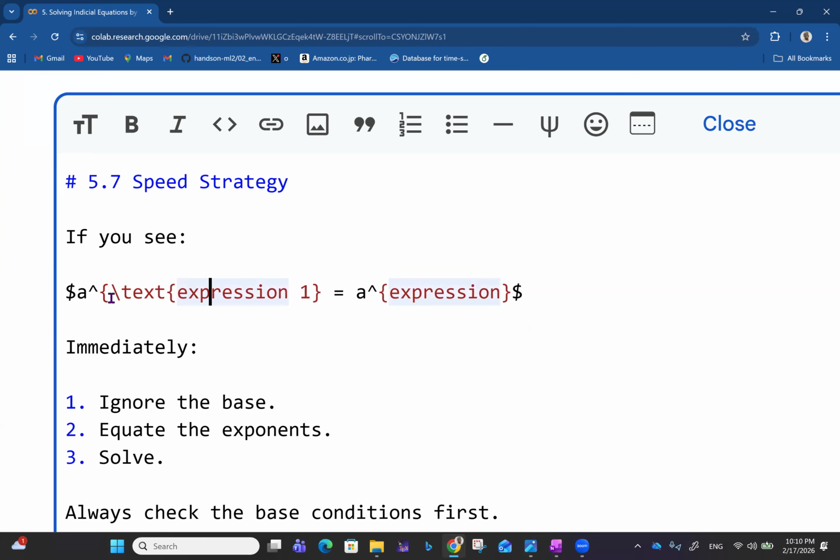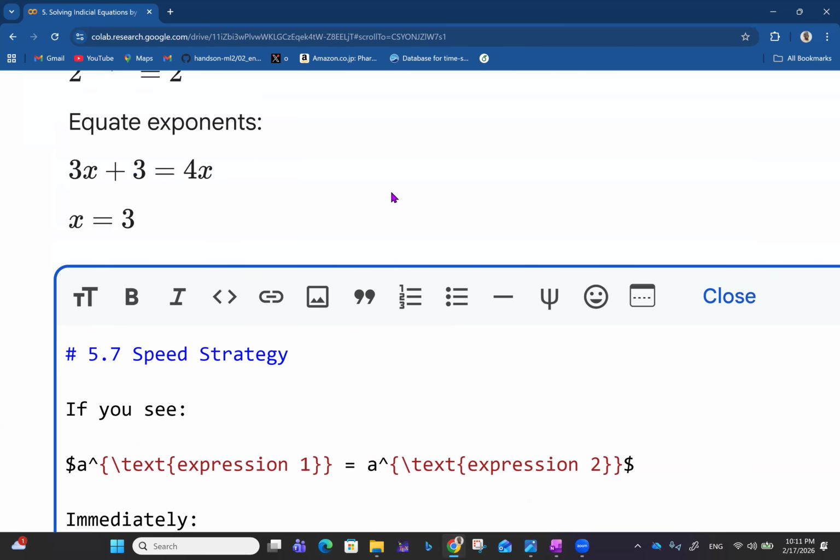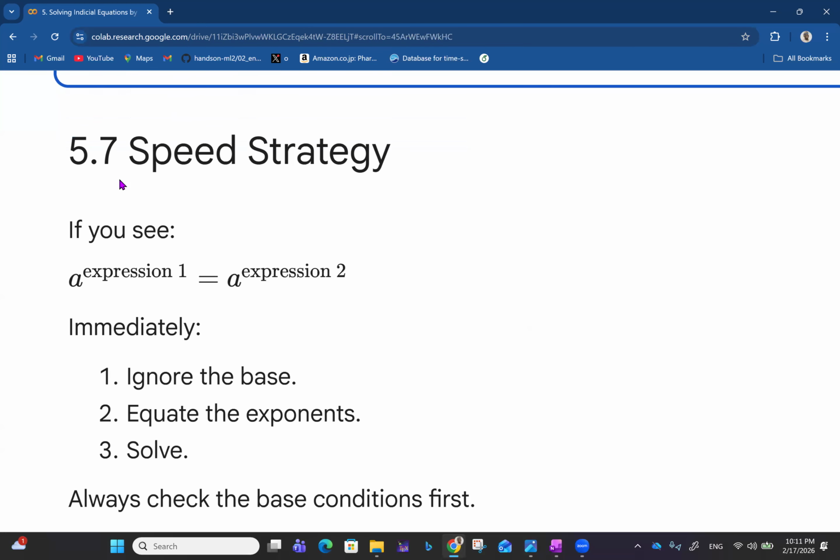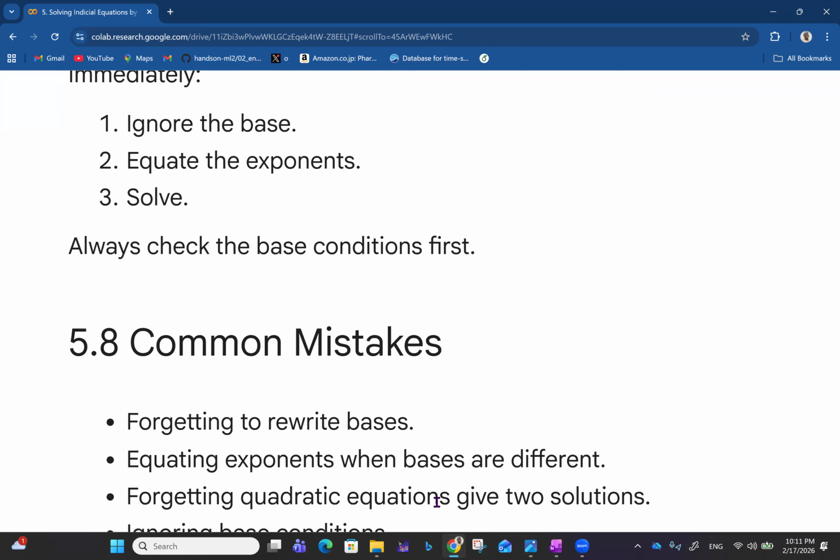A raised to power expression 1 is equal to a raised to power expression 2. So anytime you have this kind of thing, immediately ignore the base and equate the exponents and solve. Then always check the base conditions first. That's where you start from.